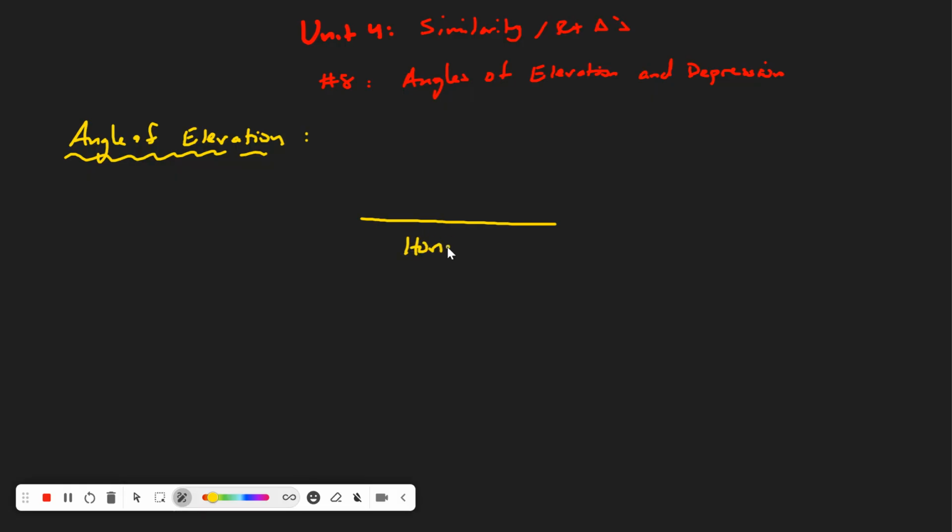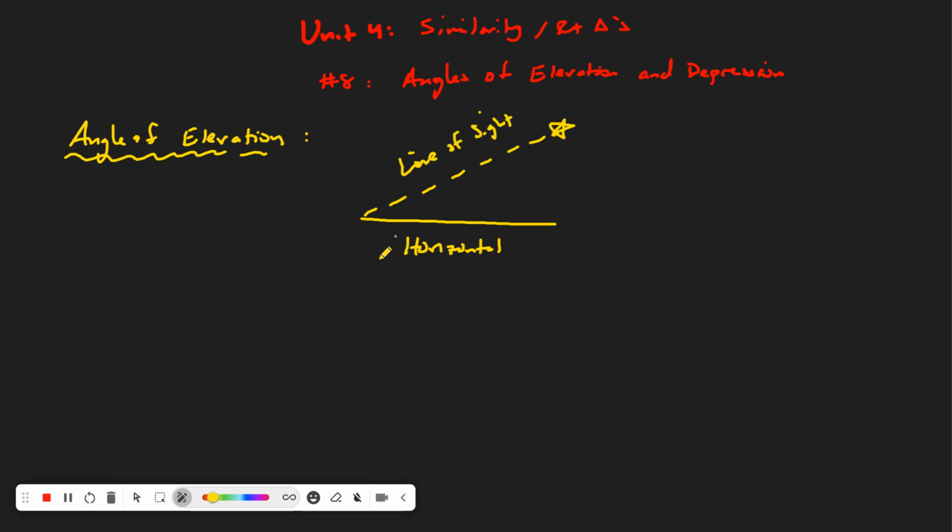So this is my horizontal. And a line of sight to some object in the air. So say there's some object right here. I'll just put a star. And this segment is called the line of sight.